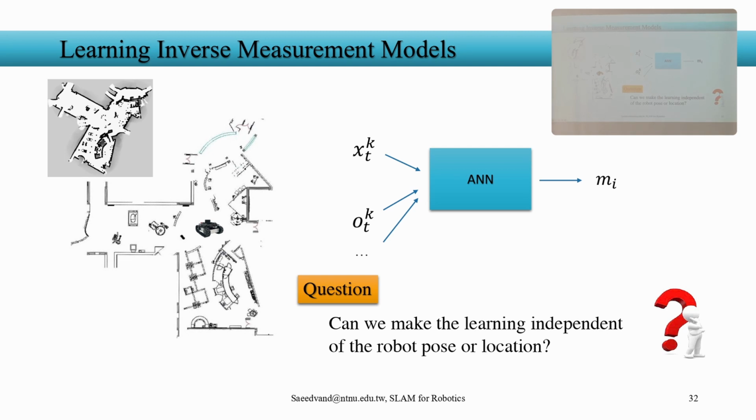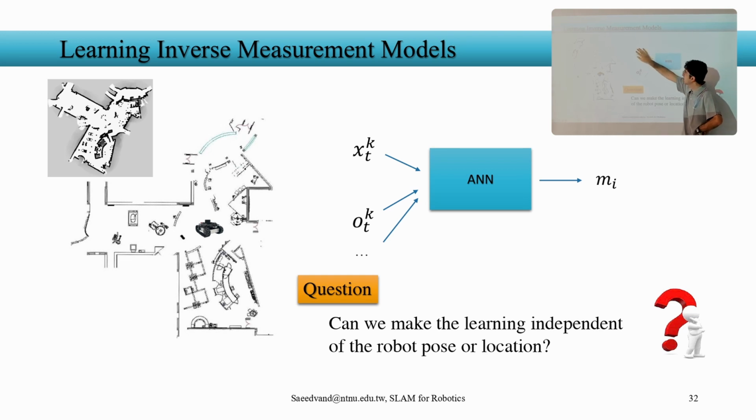Now you should look at this problem as a researcher and find an idea. Again, I have a neural network, and I said that the pose and the data and observation come in, then I have a map as output.